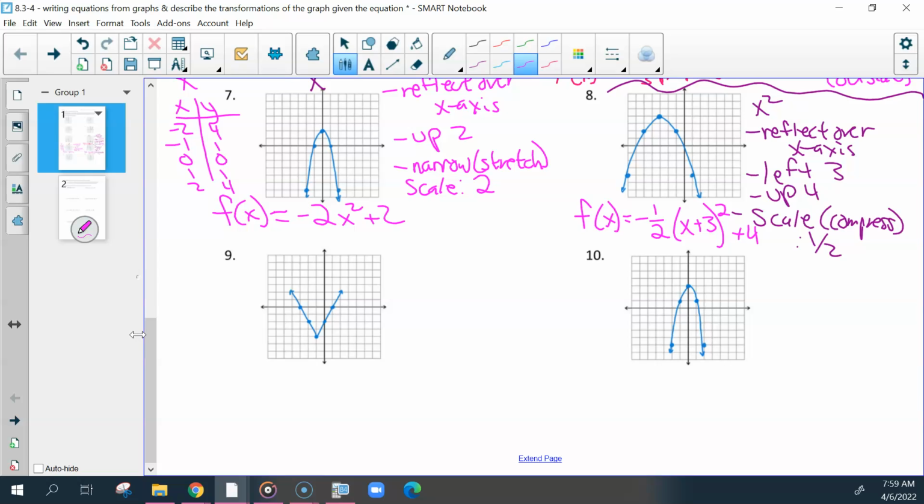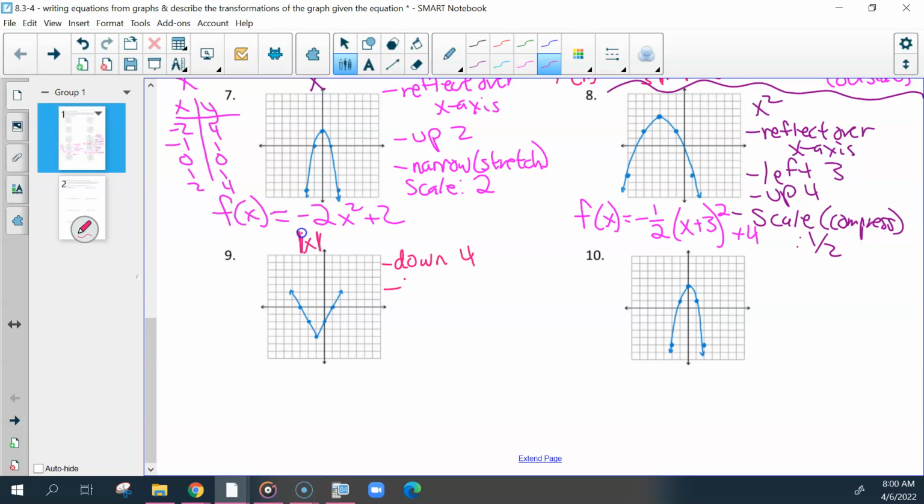Okay, what type of function is this one? Absolute value. And what happened to this one? Move down 4, goes left 1, and it stretched.